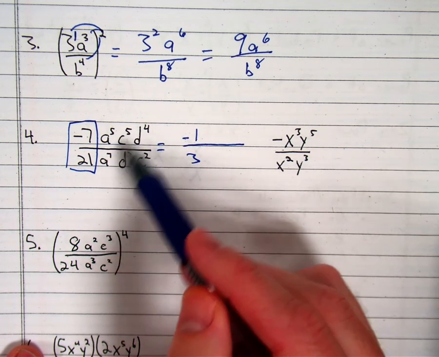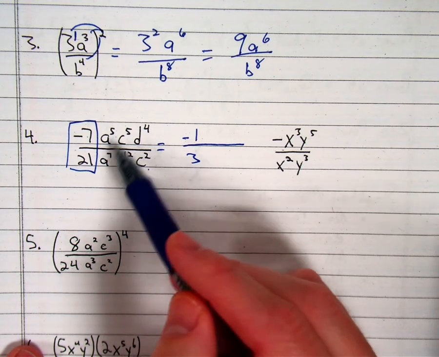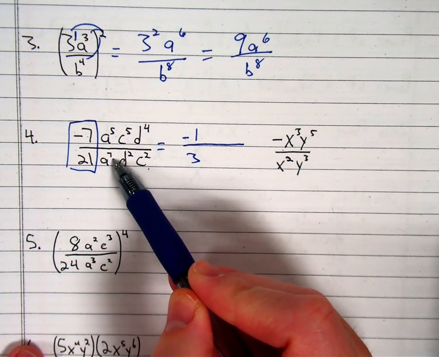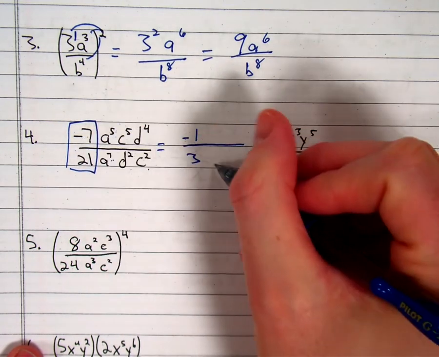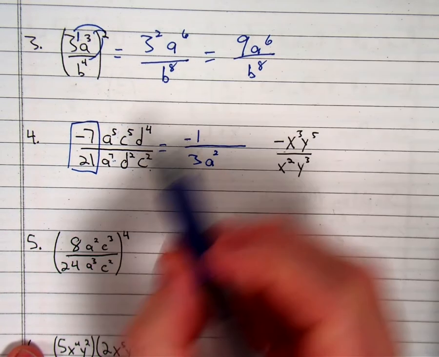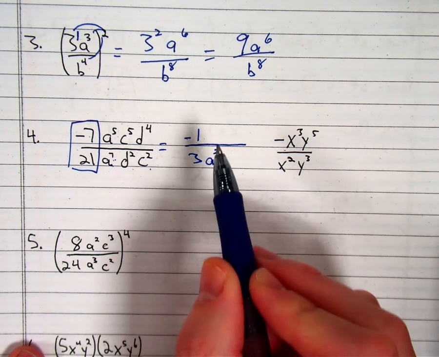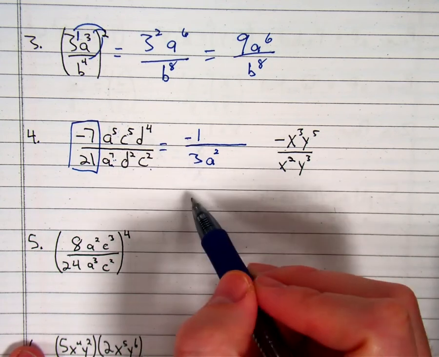Okay, now I have A's, D's, and C's. Now the nice part is the A's are matched up, so it's easier to see. The big one is 7, so I'm going to do 7 minus 5 is 2, and I'm going to go a to the 2nd on the bottom, because that's where the bigger power was. And they try to trick us here with the C's and D's. They're a little out of order.